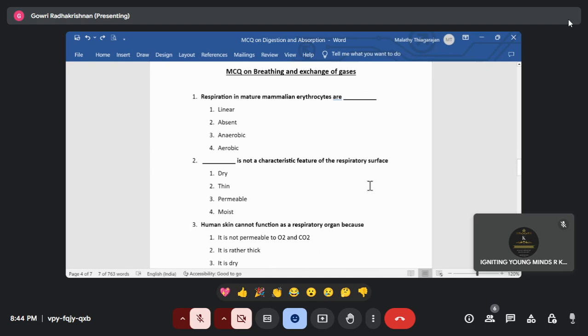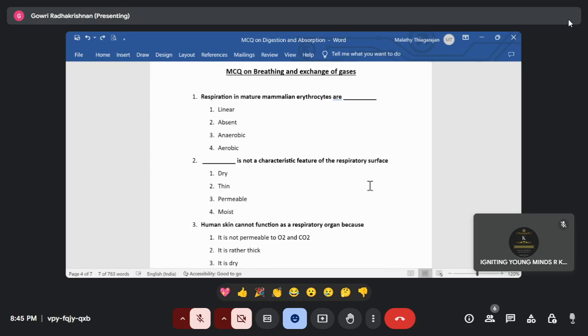All right, first question. Respiration in mature mammalian erythrocytes is... What are erythrocytes? Do you have any idea? RBC cells, ma'am. Okay. What can you say about RBC? It's something different, isn't it?